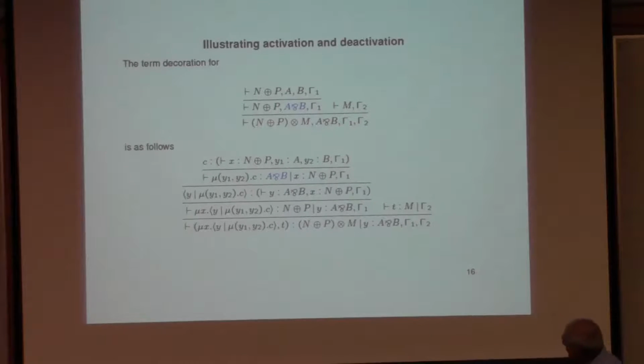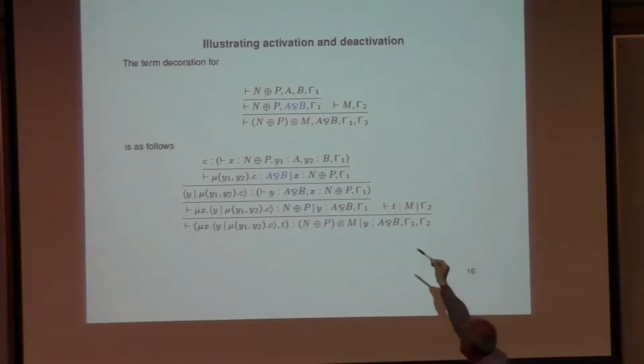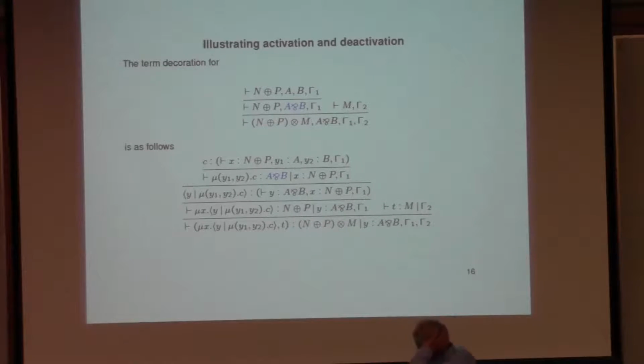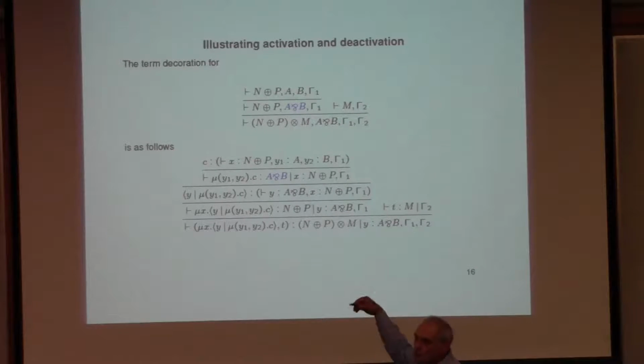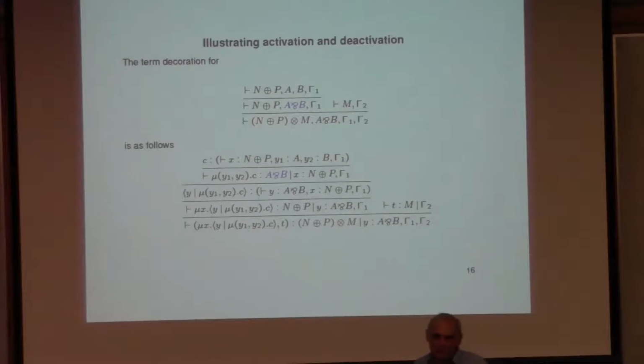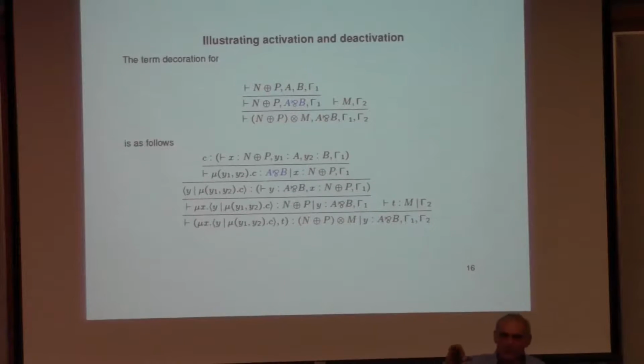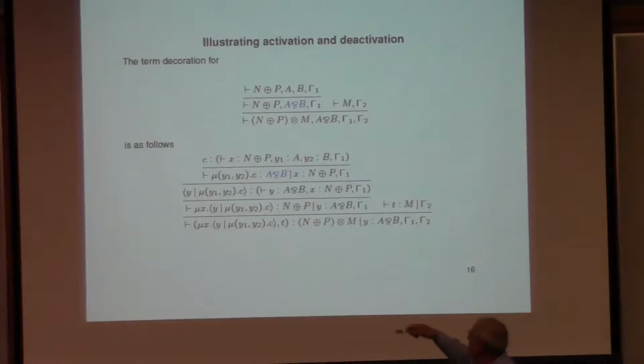So in order to account for the first rule, I will suppose that I have a proof of the assumption N plus P A B gamma 1, and this will be a given command C. And now I will use the rule to introduce the par, which is a reversible connective. So remember, for reversible connectives, I use binding constructs.